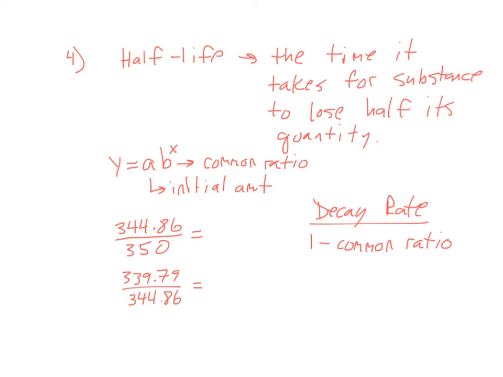And then put your equation in your calculator, look at the table, and see when you basically have half the original amount left. Since it was 350 you started with, you want to see in the table when it gets down to 175. And so that would be then the half-life. So good luck on that problem. Thanks.